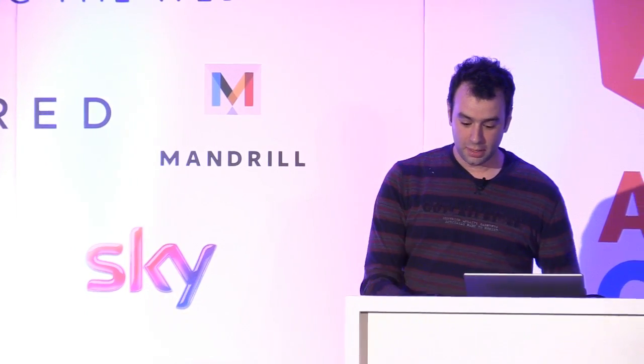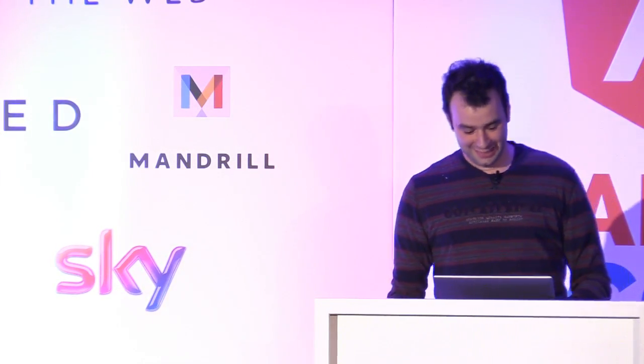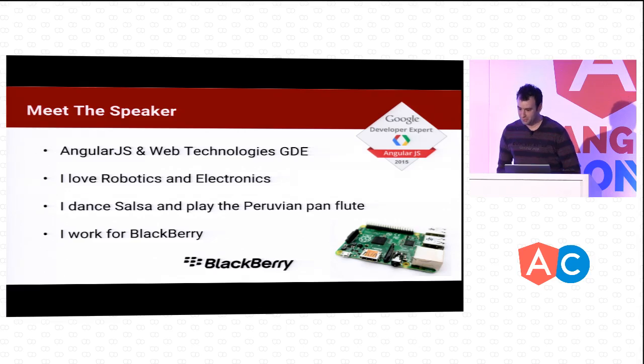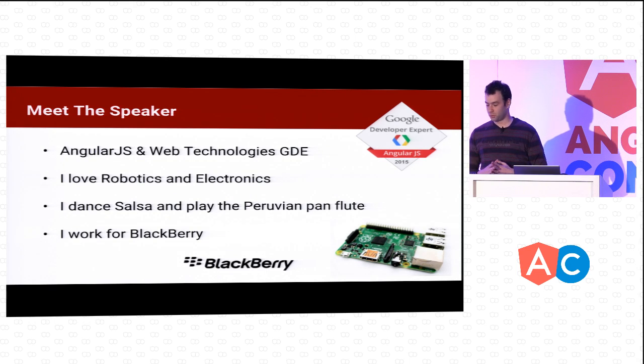And I also play the Peruvian pan flute, like. Thank you. And one final point, I work part-time for BlackBerry. They still exist. So that was a little introduction about me.